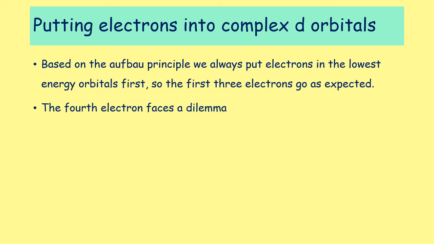However, when you get to the 4th electron, you have a bit of a dilemma, because it has an option. It could pair up in one of the already filled orbitals. There's 3 orbitals at the bottom, they're degenerate, they've all been filled singly.